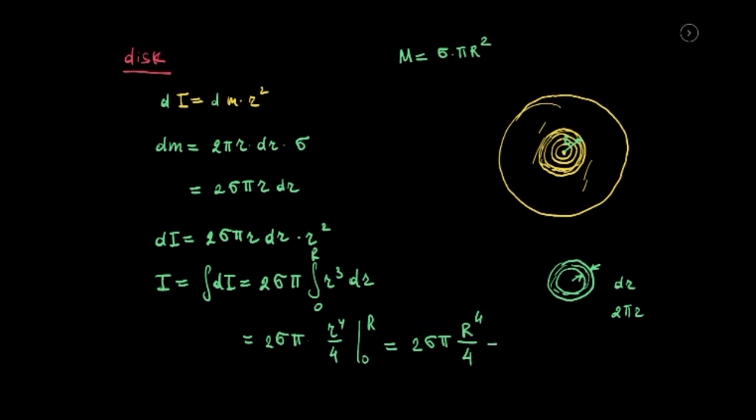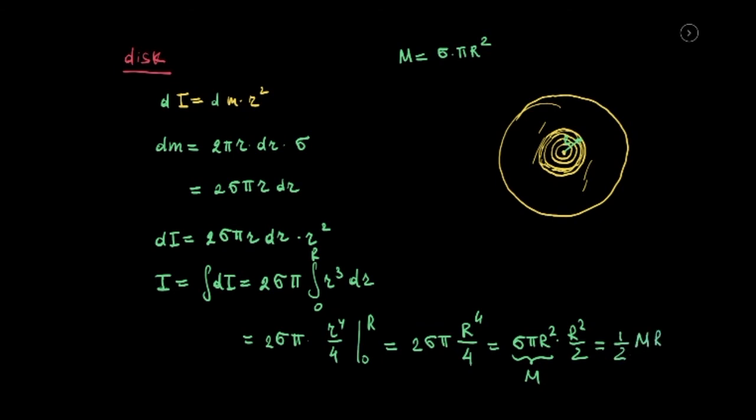So we can write it as sigma pi R squared multiplied by R squared divided by 2, and this one is equal to M, then we will get 1 divided by 2 M R squared.